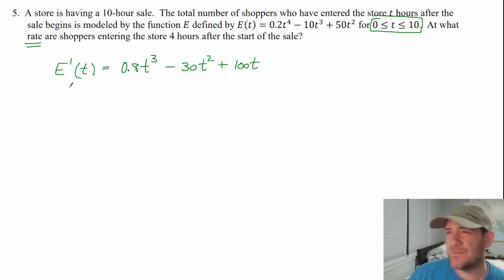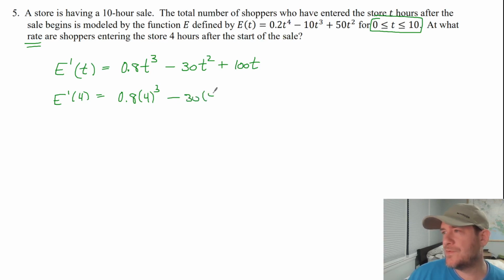Then we just plug in 4. So it'll be 0.8 times 4 cubed minus 30 times 4 squared plus 100 times 4.